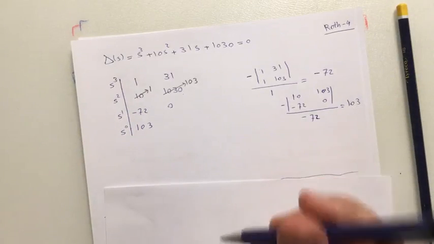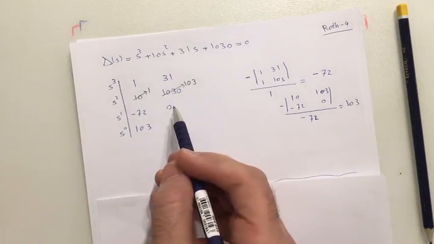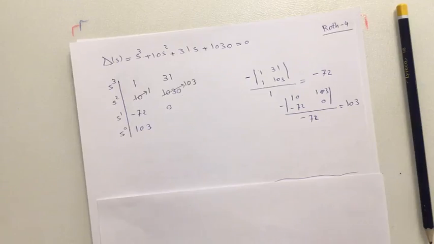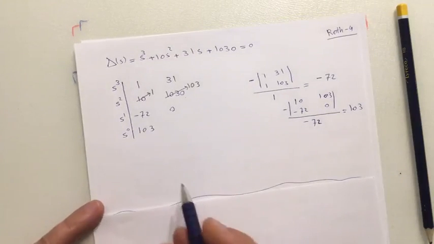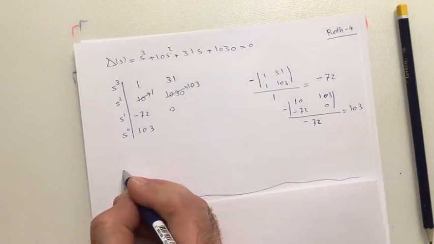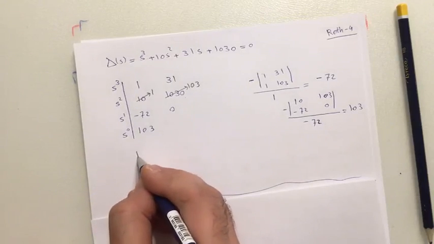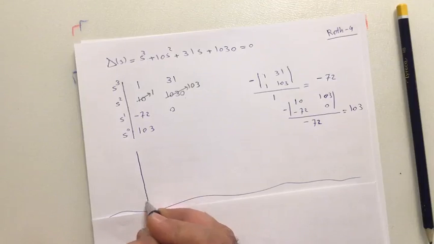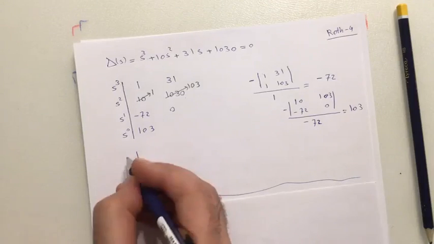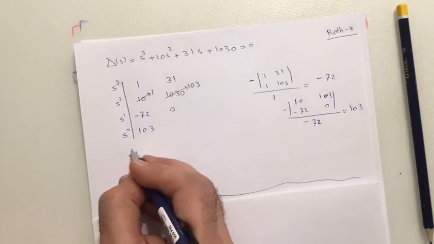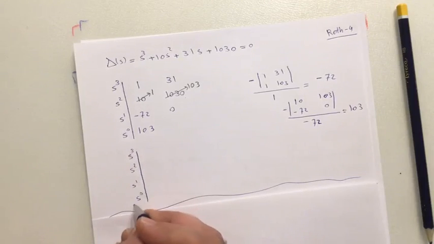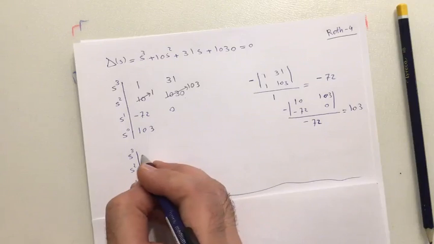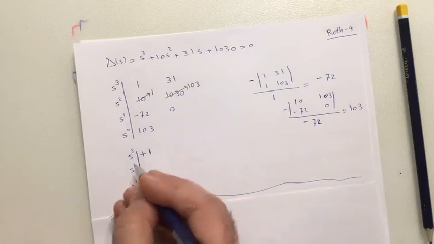Okay. So this is the table, and what we should do, as I said, is only look at the first column. I can highlight the sign of the element in the first column by rewriting it. So we have s cubed, s squared, s1, s0, and the first element is plus 1.